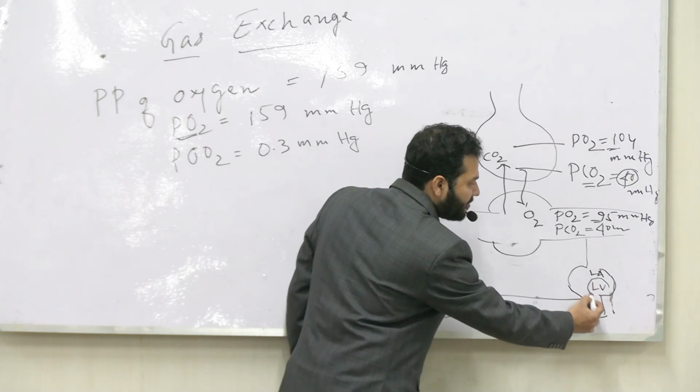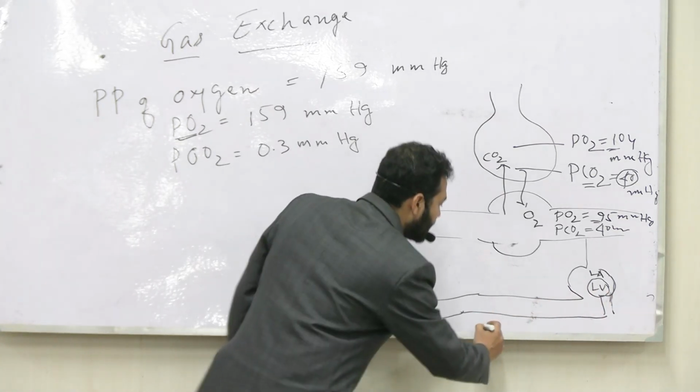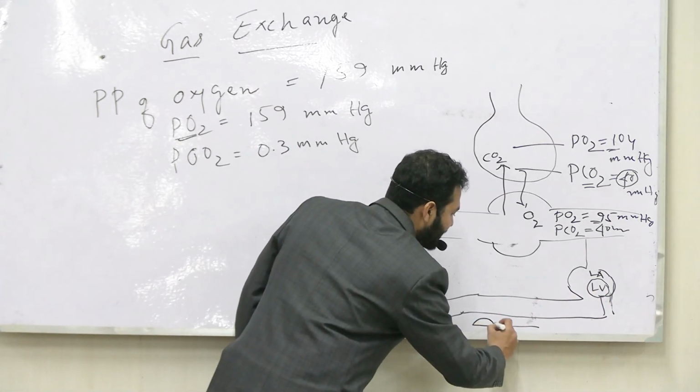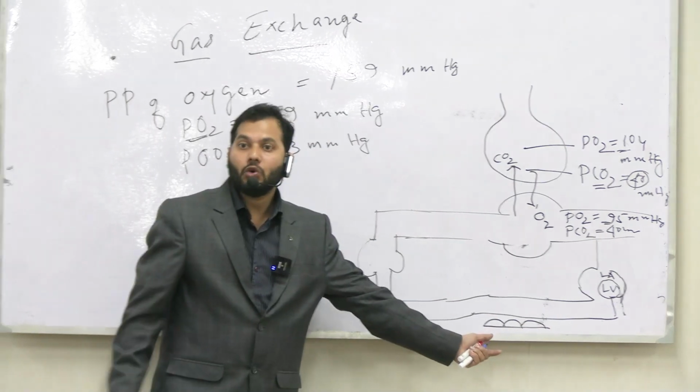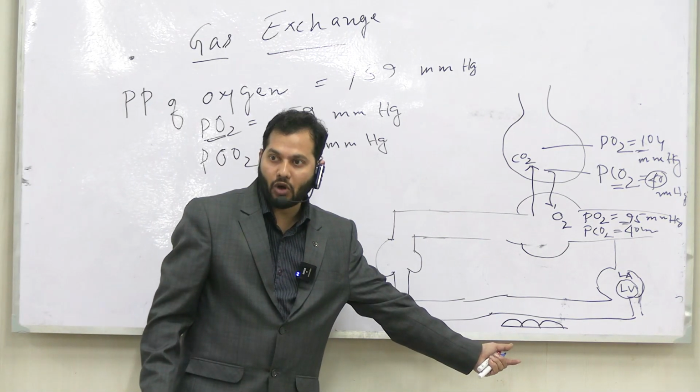Here, from the left ventricle, there is a system, so-called cellular system or tissue system, which needs the oxygen molecule.